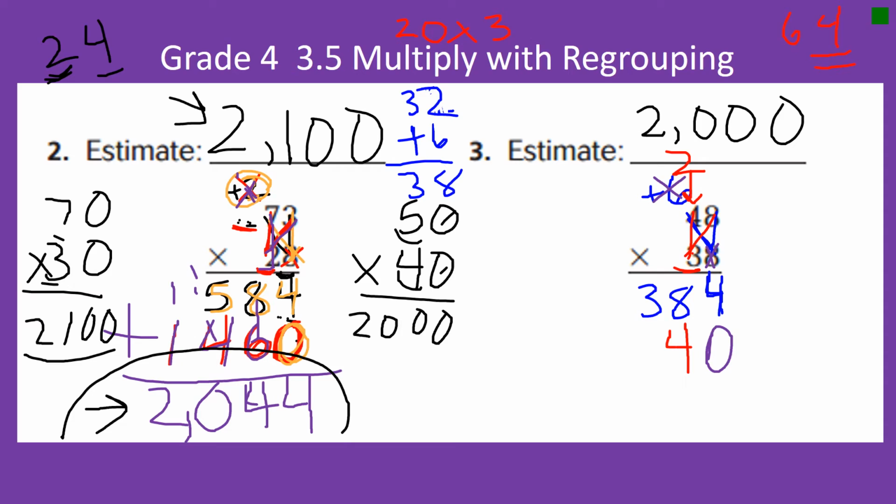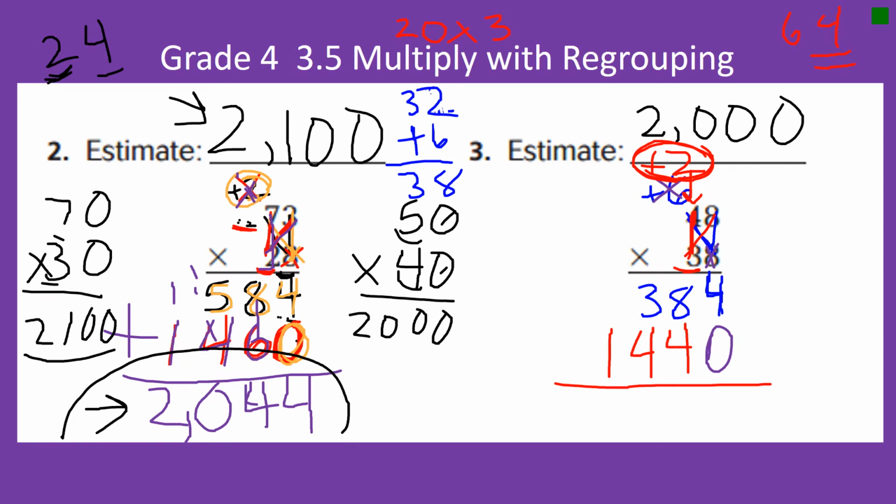onto our next step when we multiply 3 tens times 4 tens. Okay, 3 tens times 4, 3 times 4 is 12, plus those 2 sets of 10 from 3 times 8. So 3 times 4 is 12. 12 plus 2 is 14. Okay?